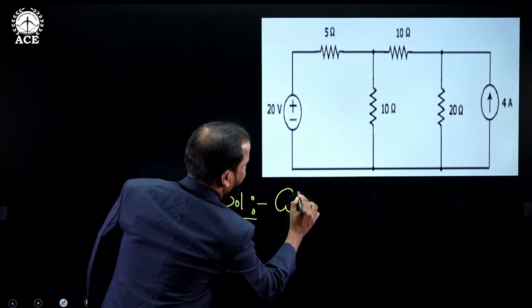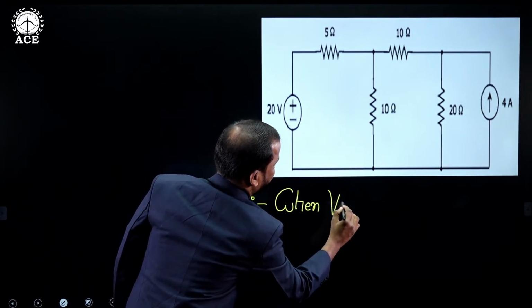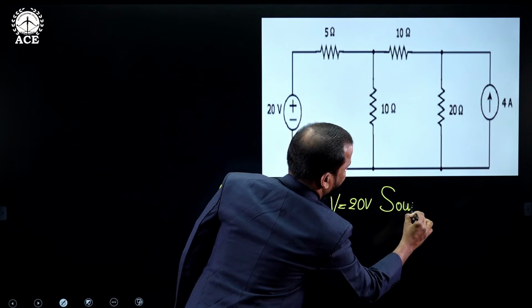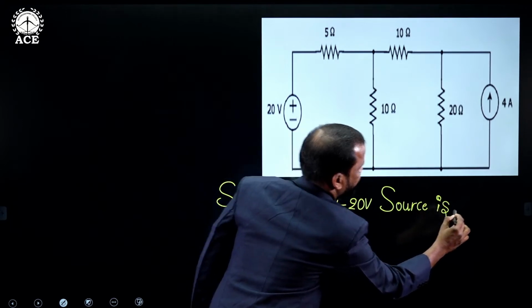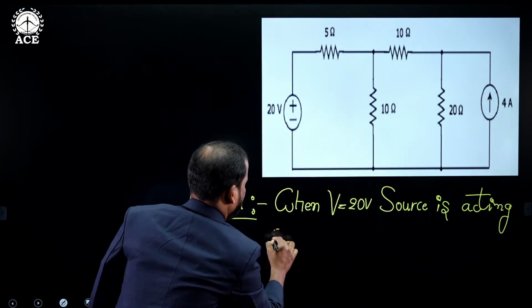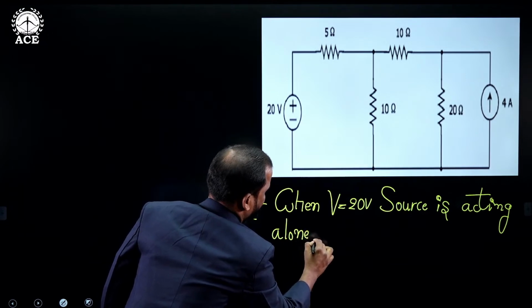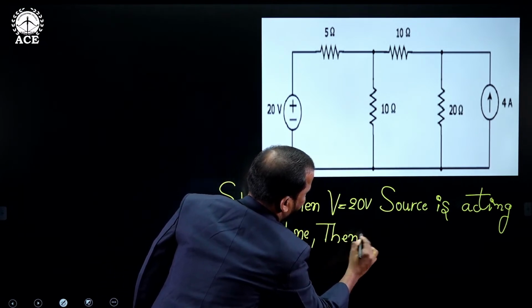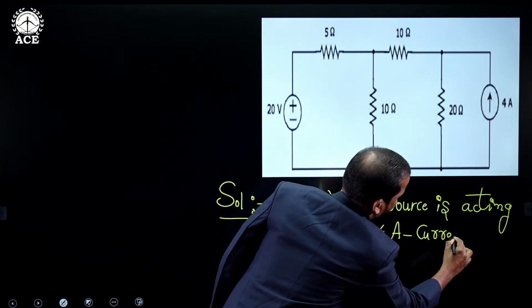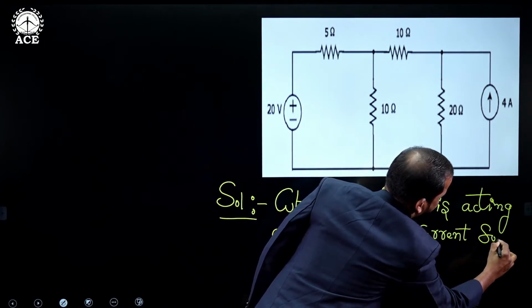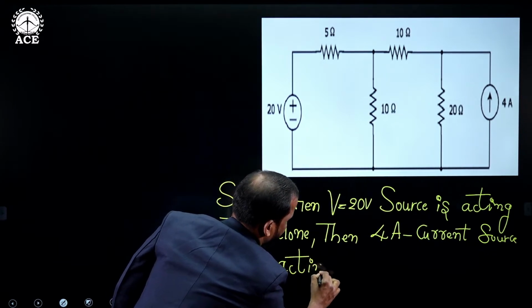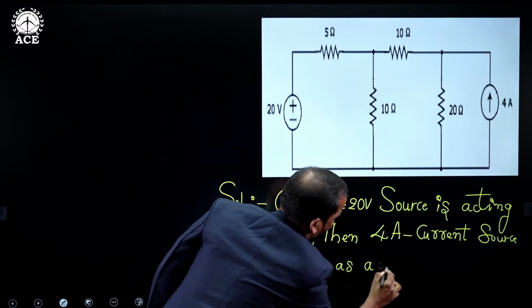So I can directly write here: when the V is equal to 20 volts source is acting alone, then the 4 ampere current source is acting as an open circuit.